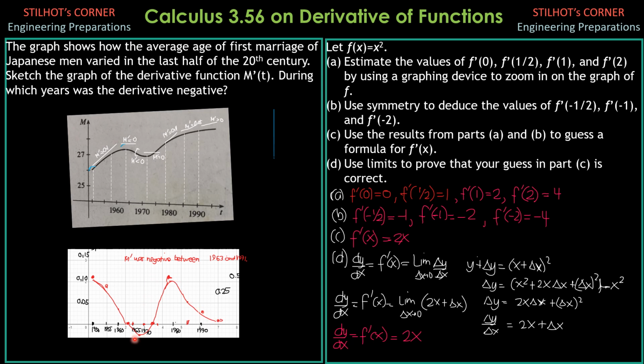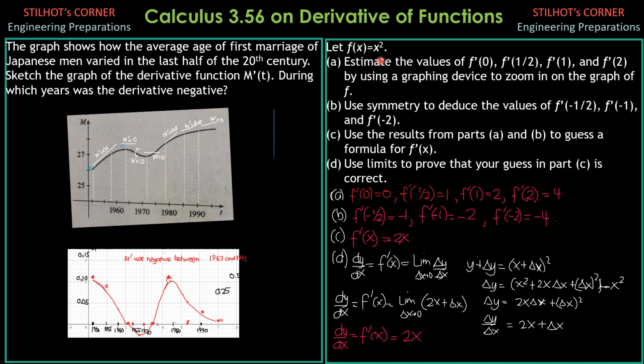So this is the graph of m prime of t, and to answer this question, during which years was the derivative negative, that is approximately between 1963 and 1971. So that's my answer, although it should be drawn accurately so that you will agree with that answer. So let's proceed to the second question.